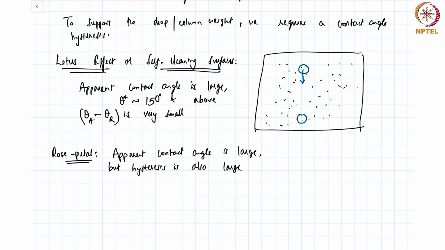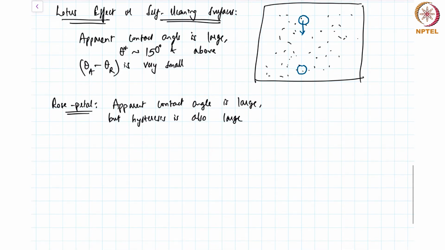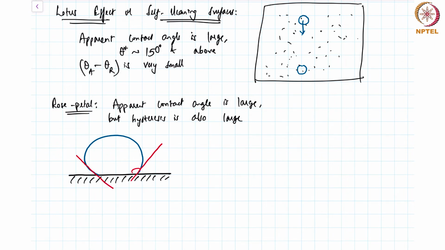So if you take a rose petal, this is what tends to happen. Let's say you take an idealized rose petal which is flat, then because the apparent contact angle is large, you have a droplet which is sitting on the surface, and this is the apparent contact angle, theta star, and clearly it's large.